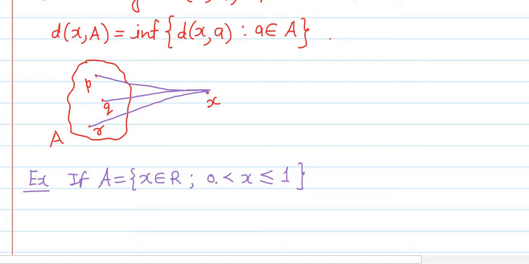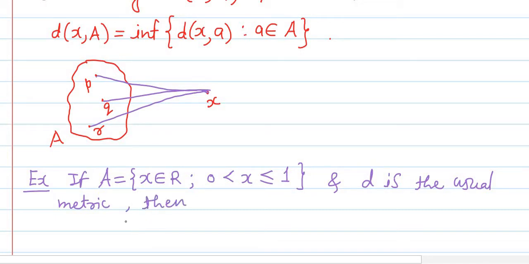It is open from the left side, meaning from the 0 side, and it is closed from the right side, meaning from the 1 side. And d is the usual metric. We have studied the usual metric already.